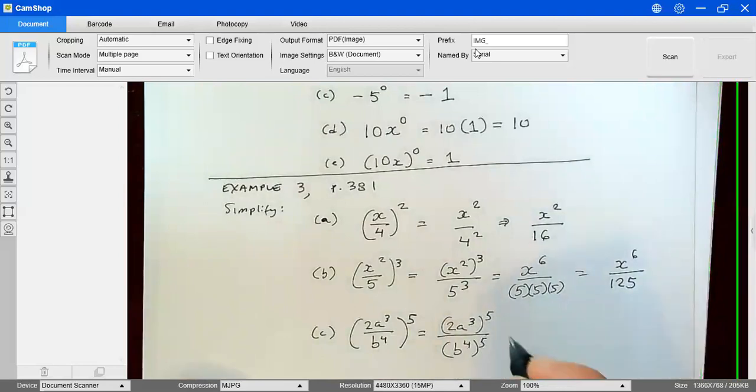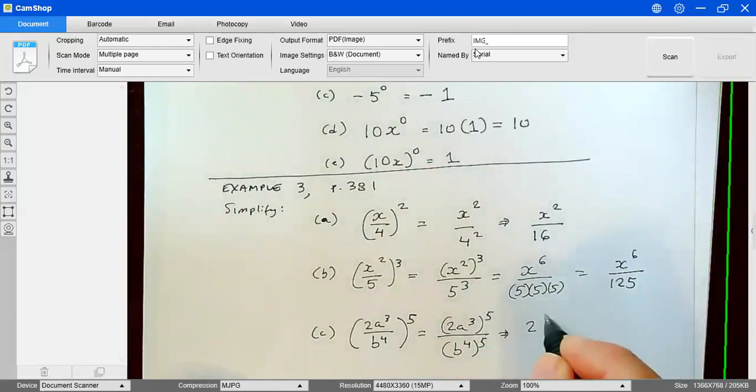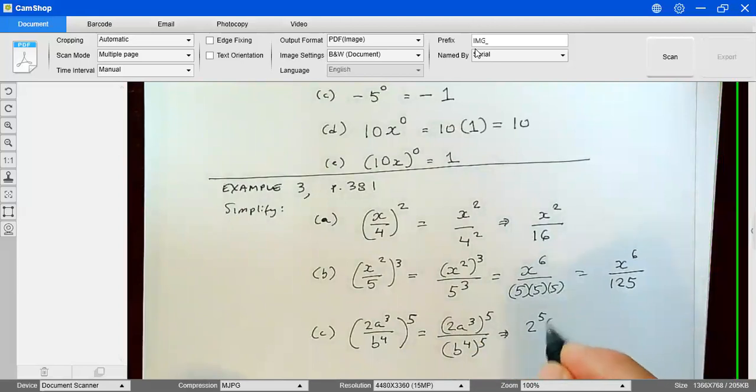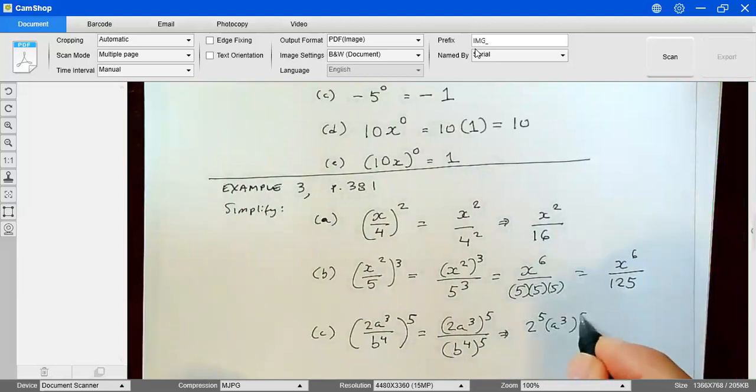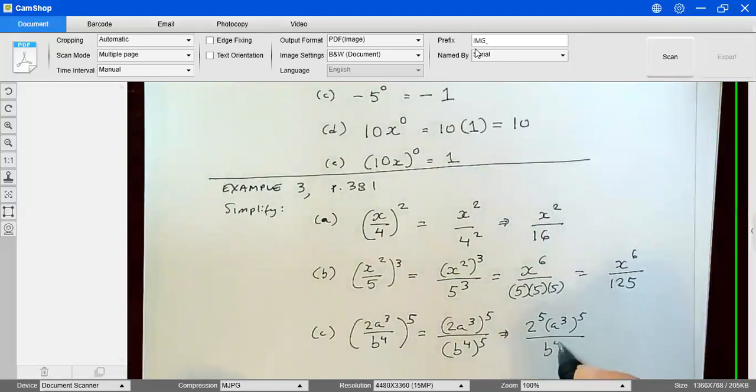So now we're gonna distribute the exponent again into the factors that are composing the numerator and the denominator. So 2 is gonna be raised to the 5th, and a cubed is gonna be raised to the 5th, and b to the 4 is going to continue be raised to the 5th power.